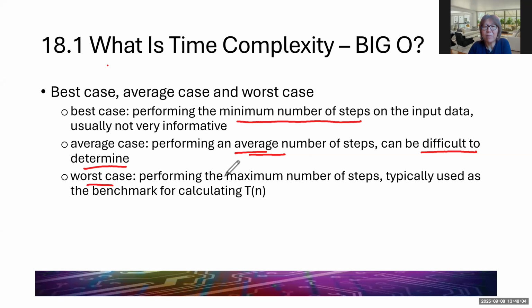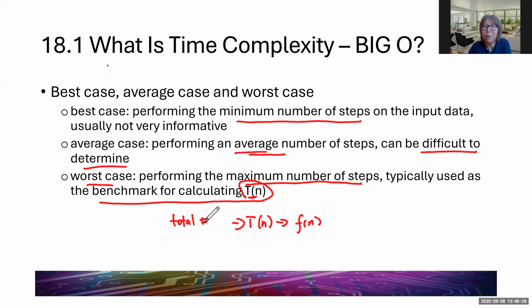The worst case is going to perform the maximum number of steps, and usually we use it as the benchmark for calculating that T(n). If you recall, T(n) then derives f(n), and we find T(n) by counting the total number of statements executed when we run the algorithm.